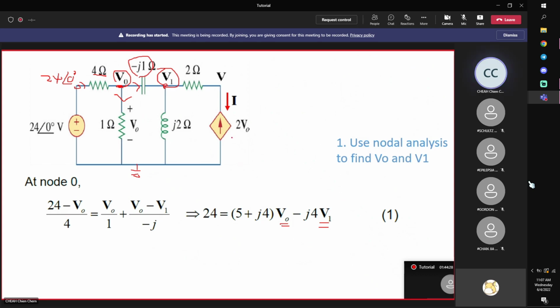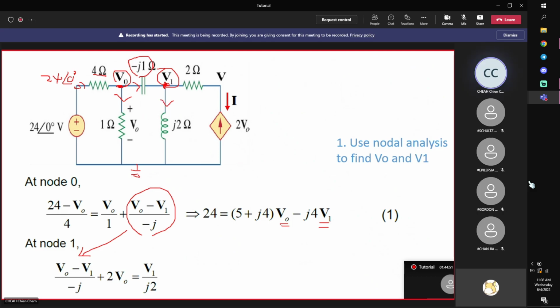Therefore, I cannot stop here. In fact, I only looked at part of the circuit. I have not looked at the other part. So I continue at node 1. Since you already put these current directions, leave them, so that you can directly copy them down. Now this one will become inflow to node V1.